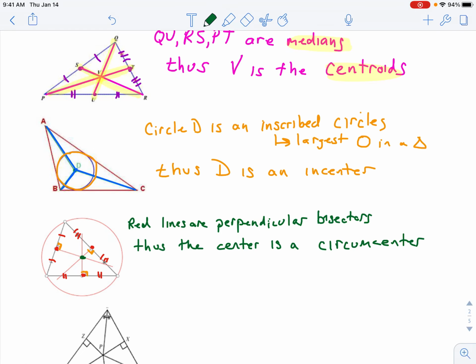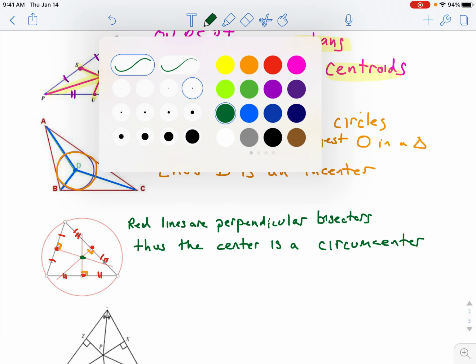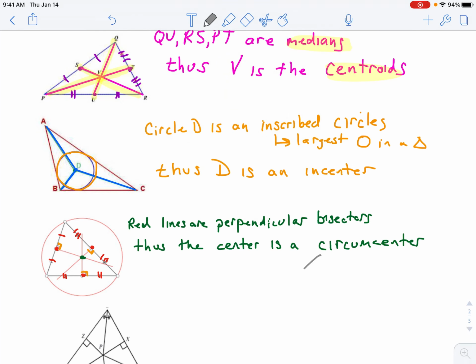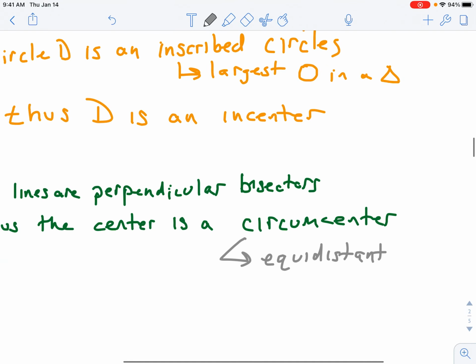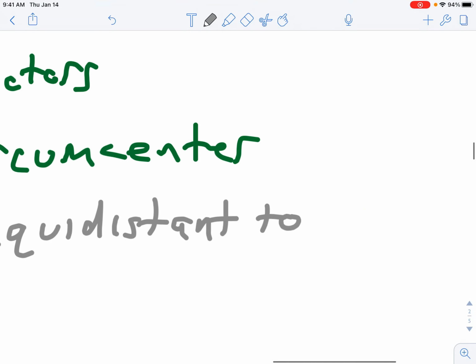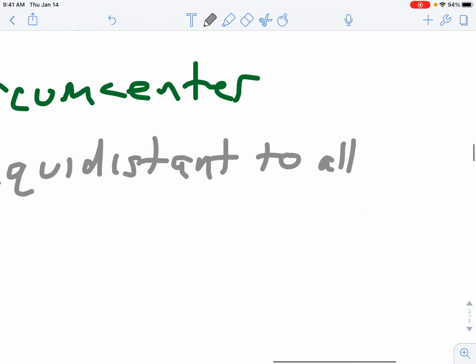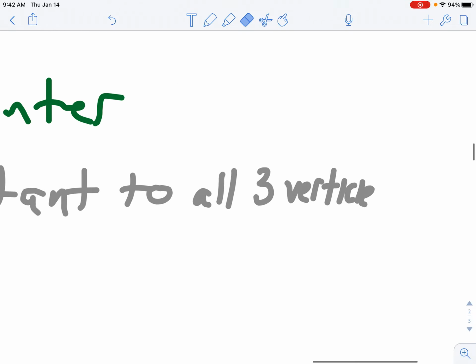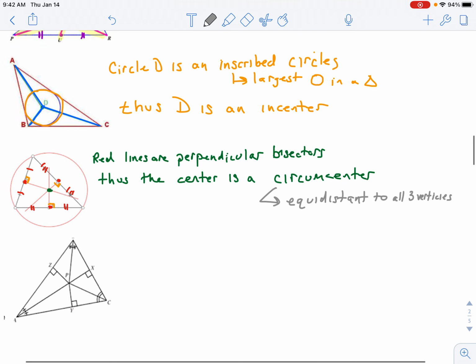All right, and then what's so cool about circumcenters, and I forgot to write some things about the other one, but circumcenters are equidistant to all three vertices. That says vertices. I kind of ran out of room. Okay, it's equidistant to all three vertices.